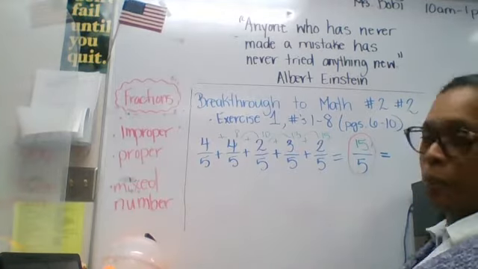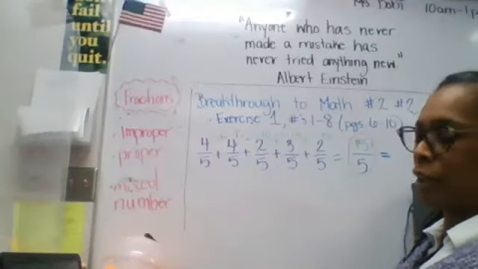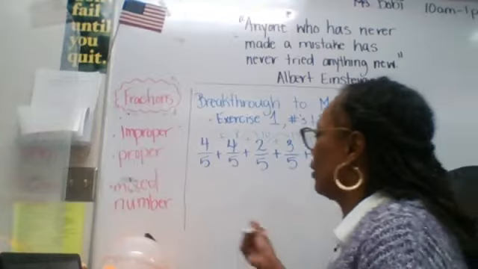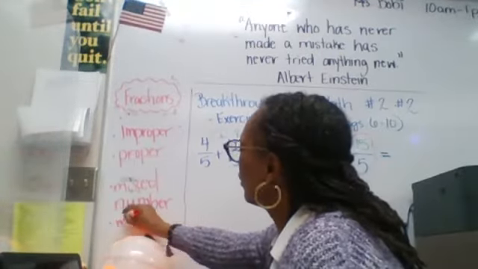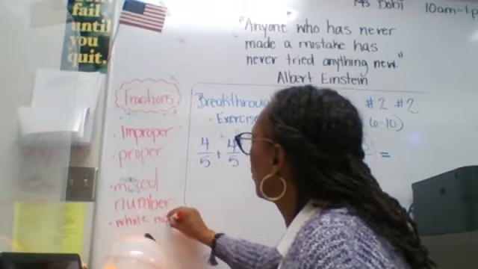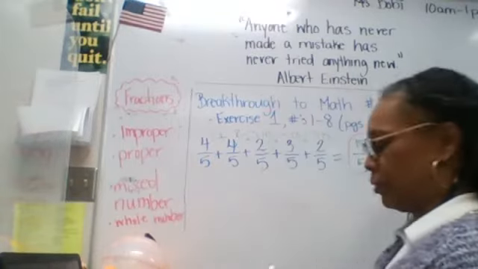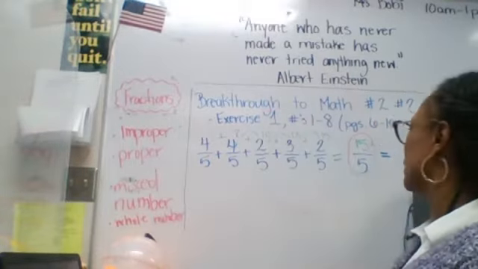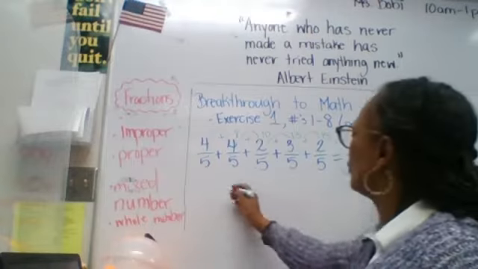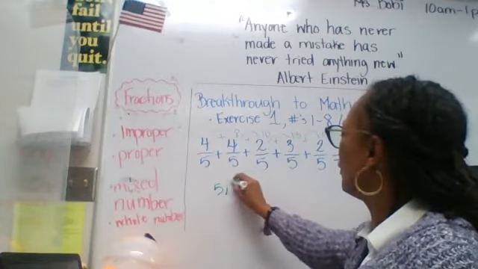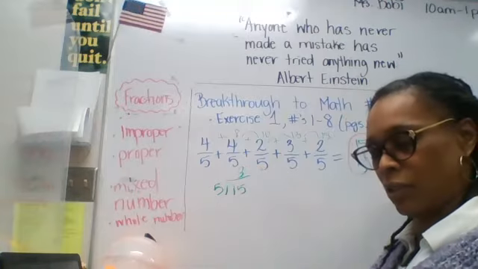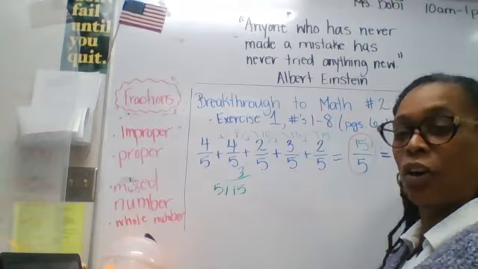Since it is improper, I'm going to tell you that we have to make it a mixed number or a whole number, which I don't have up here either. Whole number. So how do we do that? We want to divide that denominator by that numerator, giving us, oh, so wonderfully, a whole number.